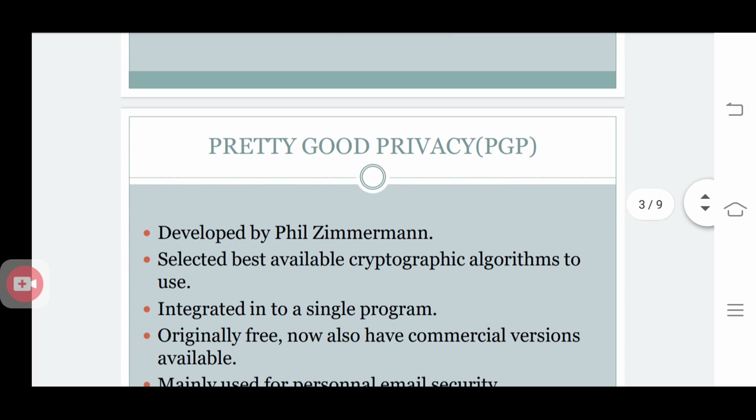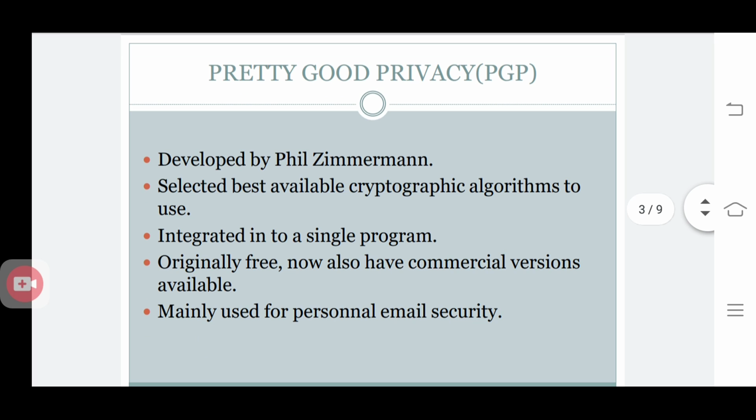First, you can study what is Pretty Good Privacy, PGP. This mechanism is developed by Phil Zimmermann. A number of the best available cryptographic algorithms are used and integrated into a single program. It was originally free or low cost, but now commercial versions are also available.